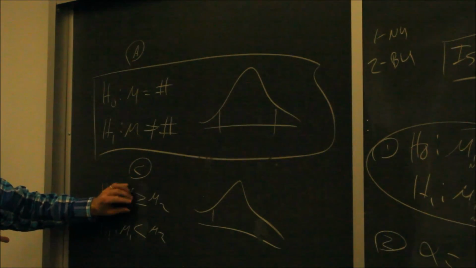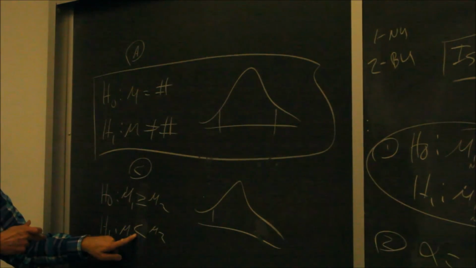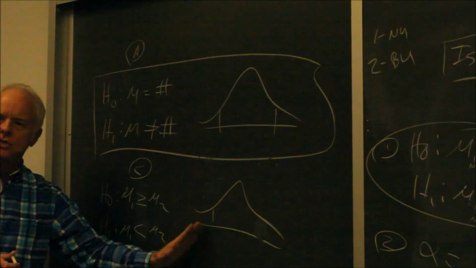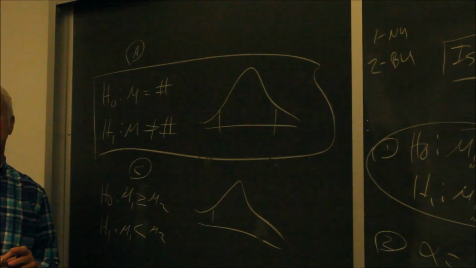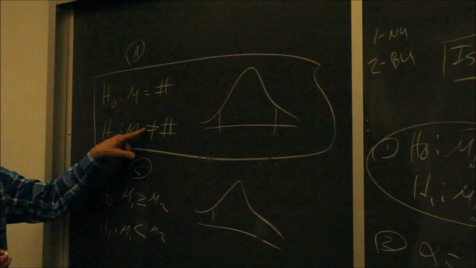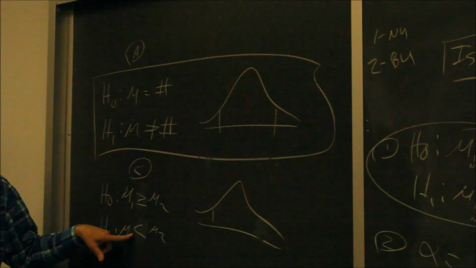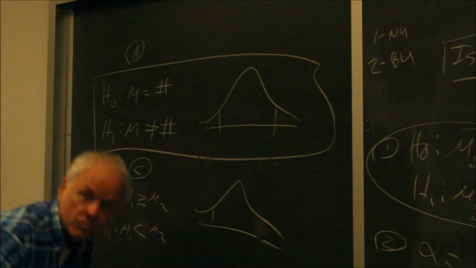Whereas over here, it's greater than or equal to, but the alternative is just one decision, meaning it has to be less than. So that's why the rejection region is over on the left, and it's a one-tailed test. Okay, because there are two alternatives here, whereas there's only one alternative here. So that makes it a one versus a two-tailed test. Okay? All right, thank you.